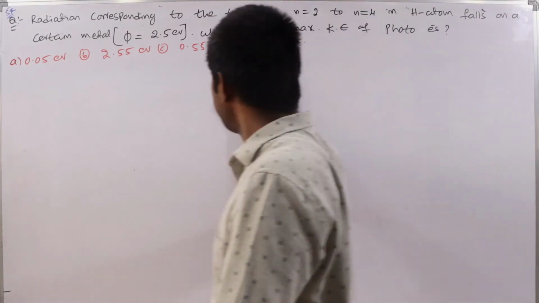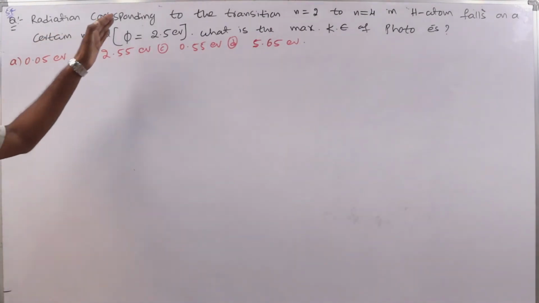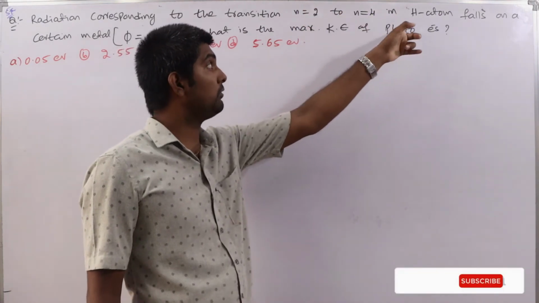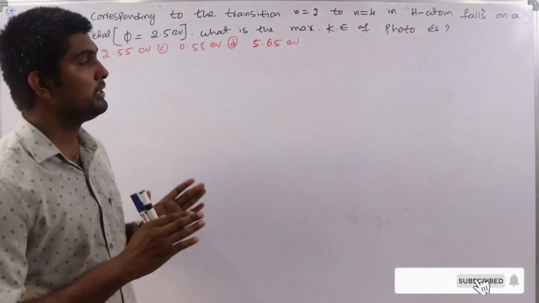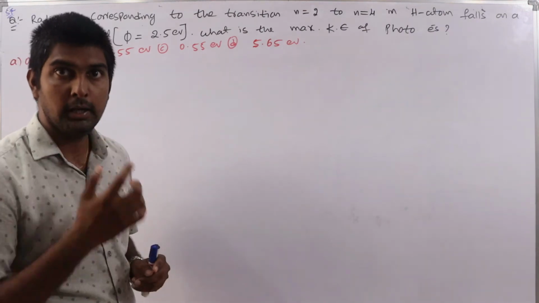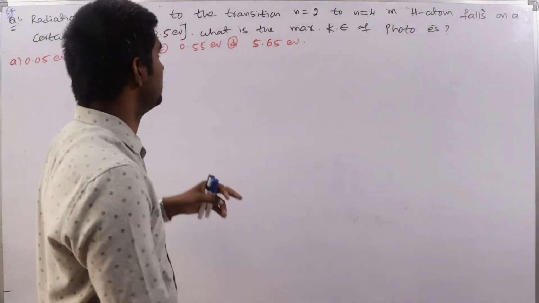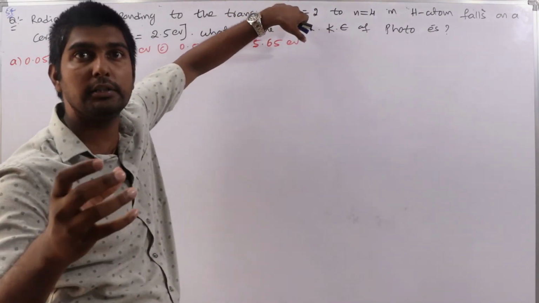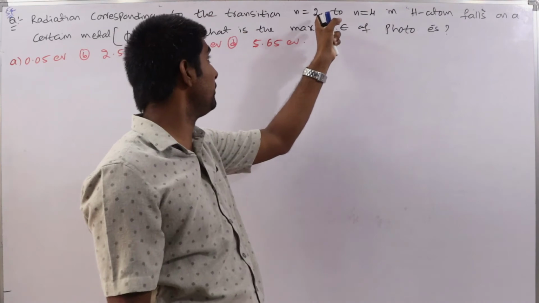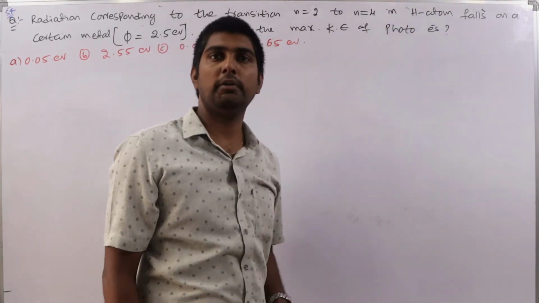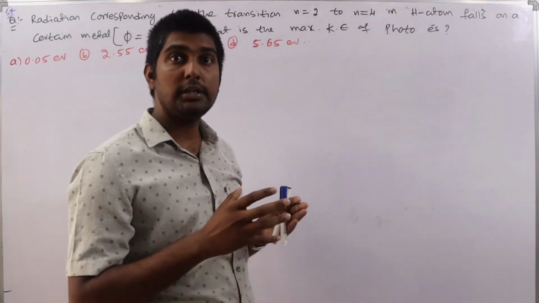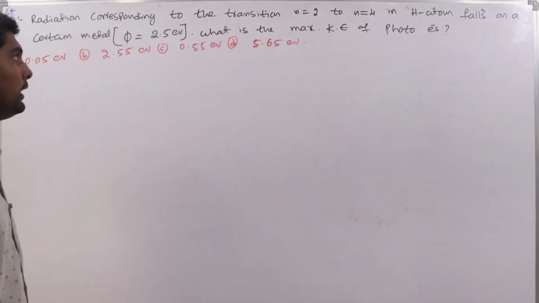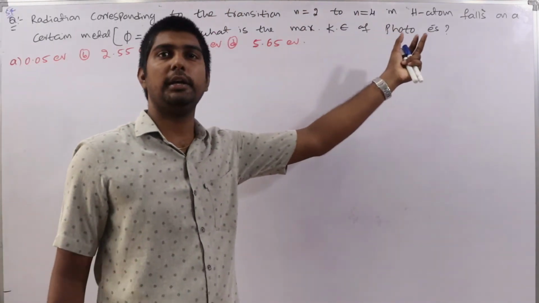The radiation corresponding to the transition from n equal to 2 to n equal to 4 in the hydrogen atom is falling on a metal surface, which means the energy required to take the electron from the 2nd to the 4th energy level in the hydrogen atom, that exact energy is falling on the metal surface. In that case, what is the kinetic energy?